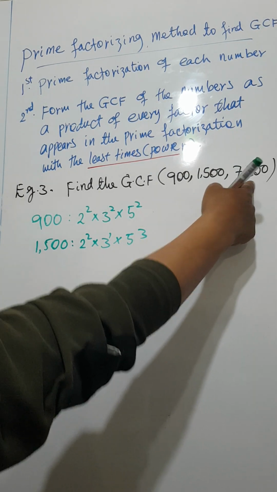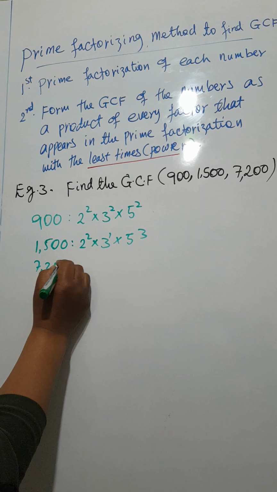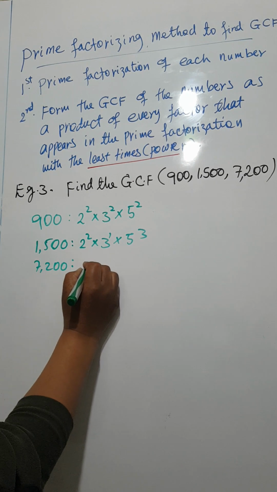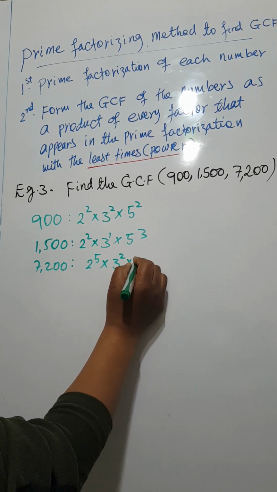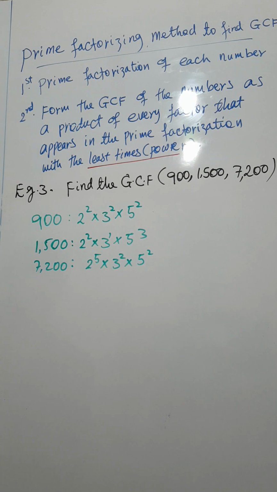The factors of 7,200 are 2 to the power of 5 times 3 to the power of 2 times 5 to the power of 2. For convenience, it's better to check. So 2 to the power of 5 is 32, times 3 to the power of 2 is 9, times 25. This is 7,200. And 2 to the power of 2 is 4, times 3, times 125. This is 1,500. Good.